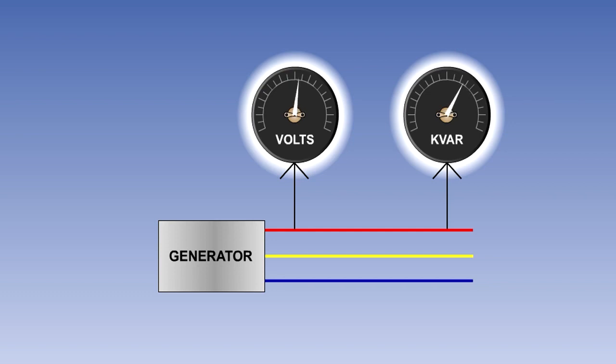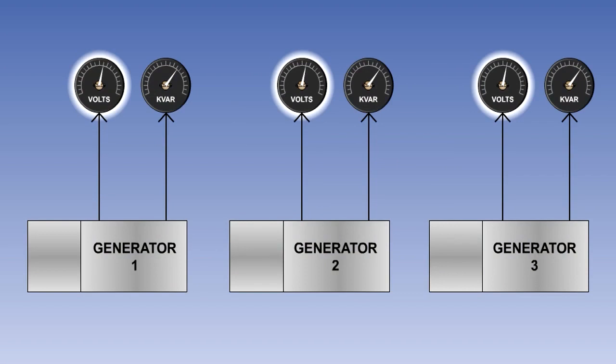Reactive load sharing is achieved by controlling the voltage output of each generator that is connected in parallel, by adjusting the current flow through the voltage regulator to the exciter generator. If the parallel generators' output voltages are identical, then the reactive load on each generator will be the same.